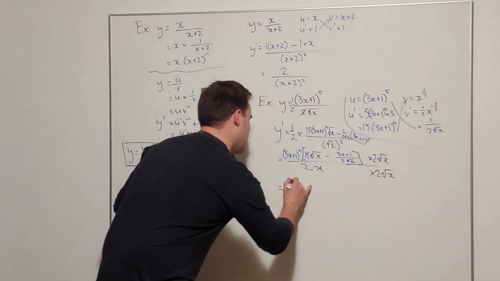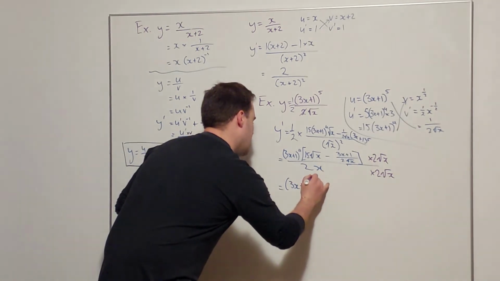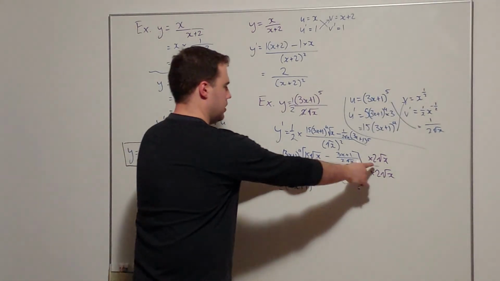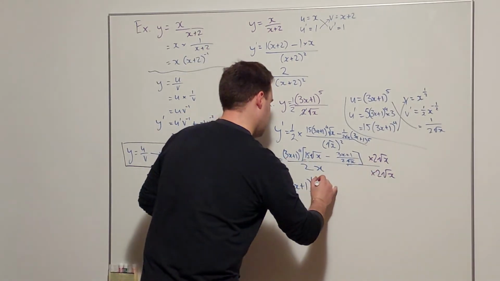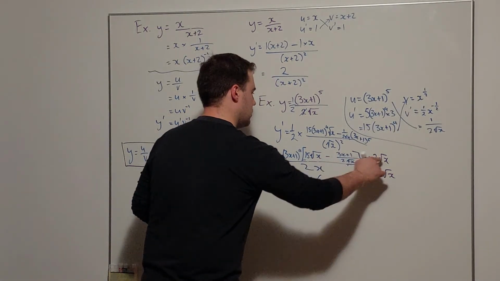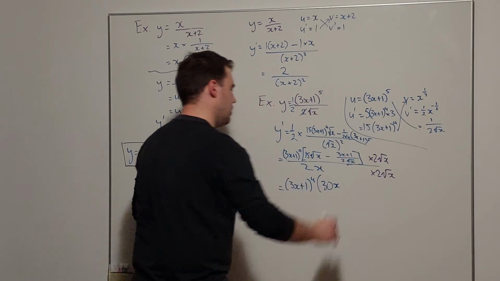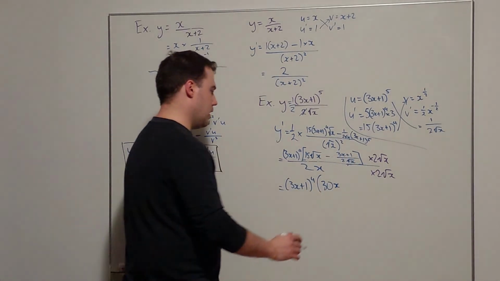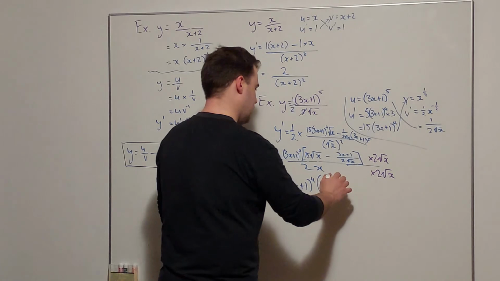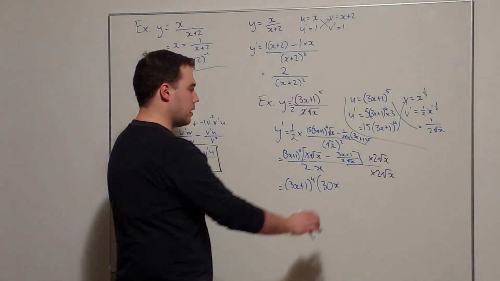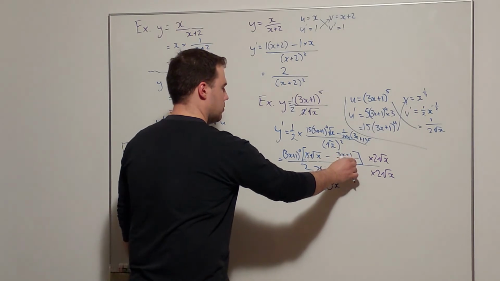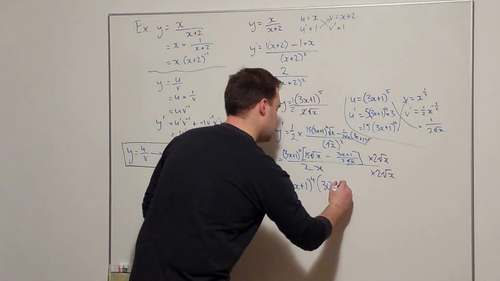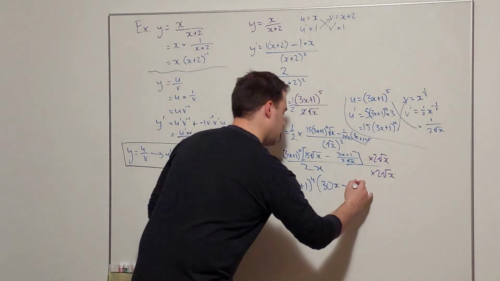So we can have 3x plus 1 to the 4. Then distributing this, we're going to have 15 times 2 is 30. And root x times root x is x. Then, oh, actually that doesn't work out too bad. And then because we've got 2 root x times 2 root x, we're going to have minus 3x plus 1.